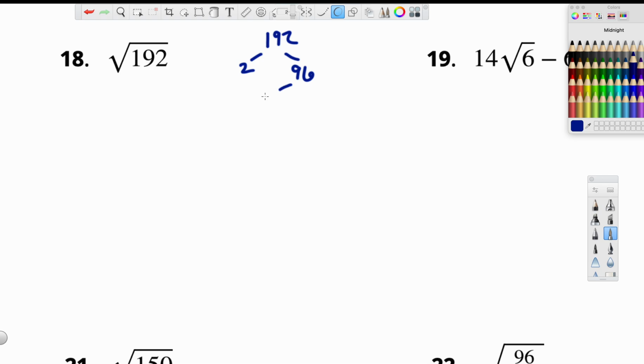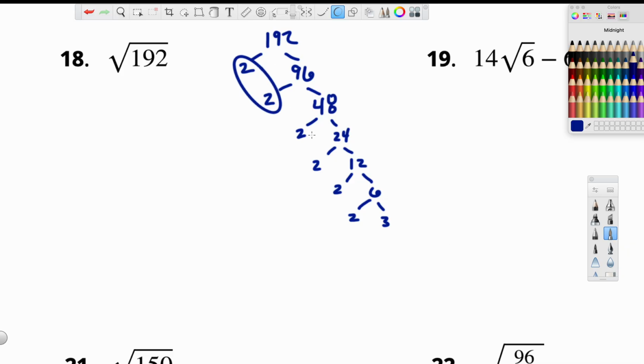96 is also even, so I'm going to take another 2 out. It's 48. Also even. 24, also even. 12, still even. 6, still even. 3, and we're done. I'm going to circle my pairs.